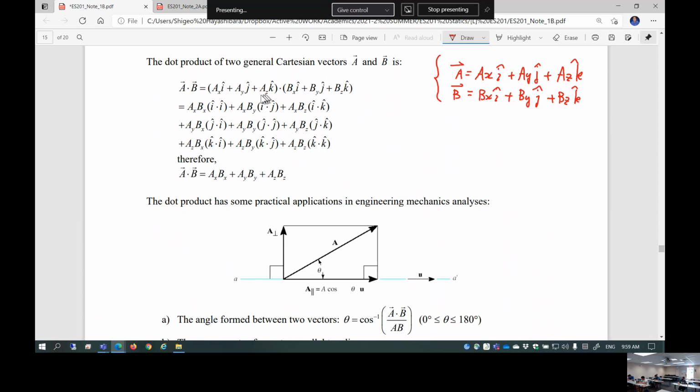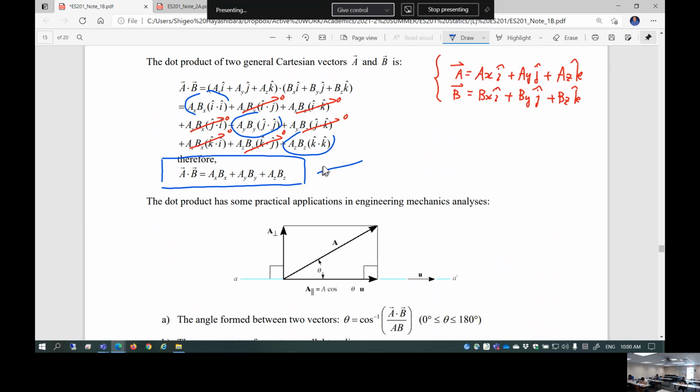So if you take a dot product, you're going to basically apply arithmetic rules. So AX BX, i dot i, plus AX BY, i dot j, plus AX BZ, i dot k, plus the rest. And then you know that this is 0, this is 0, this is 0, and this is 0, those are the only ones. So this remains, and that remains. So the result is this.